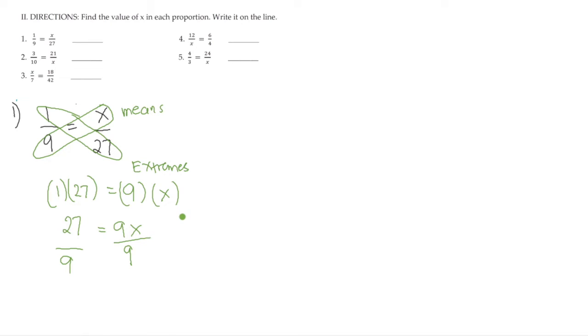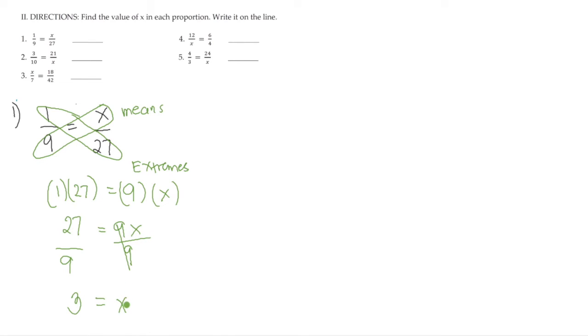We are going to perform the operation. Here, we have 27 divided by 9, the answer is 3. And we have 9 divided by 9 is 1, 1 times x is x.